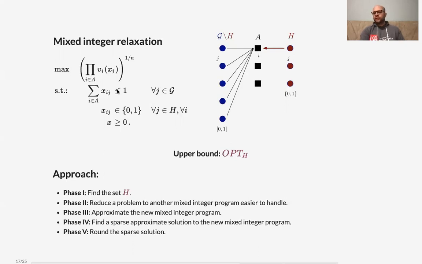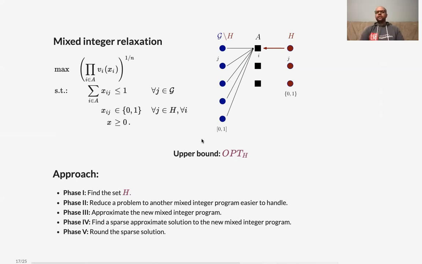We are still maximizing our geometric mean, or if you take the logarithm, then this is a convex program. We still have that at most one unit of each good is assigned. And then we just ask that for the goods in H, we allocate them integrally. And again, this is just a relaxation, right? Because we just relax part of our mixed integer program.